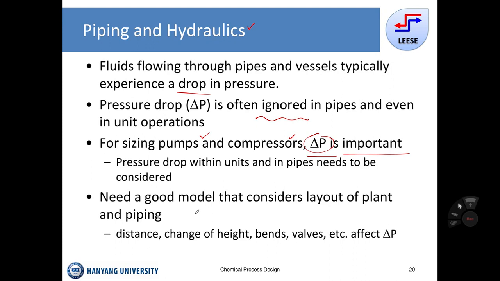Then we need a good model, considering the layout of a plant and the piping. So for example, here is the place of A, here is the place of B. It may be up and down, and we may have some bending in order to have transportation from A to B. Then when you have this bending, when you have this height difference, the pressure drop is going to increase.